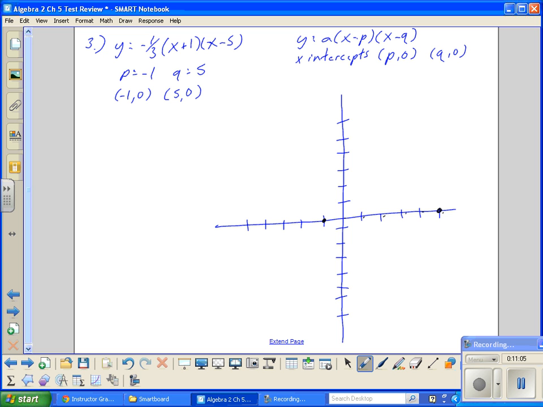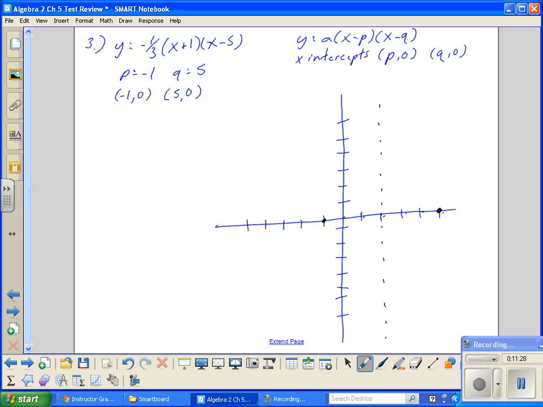So half that distance would be 3. I'm going to count over 1, 2, 3, and I can draw my axis of symmetry through that x value. So I know my axis of symmetry is at 2, which is halfway between those 2 points, and that also tells me that my vertex is on that line somewhere.